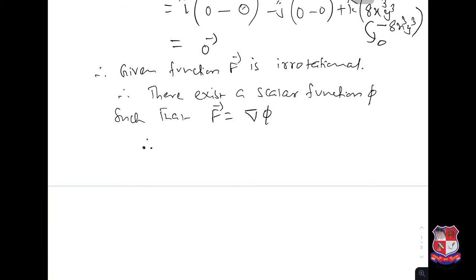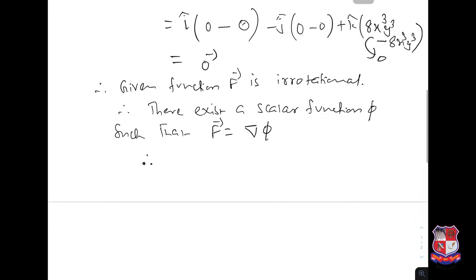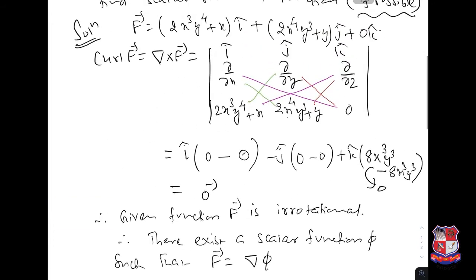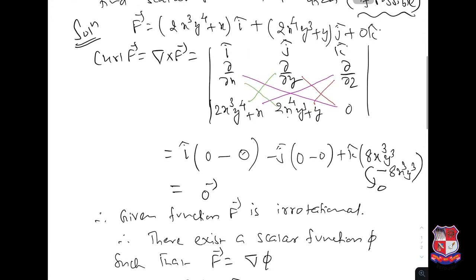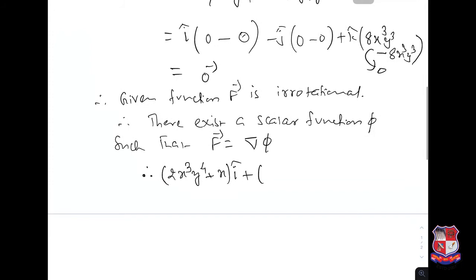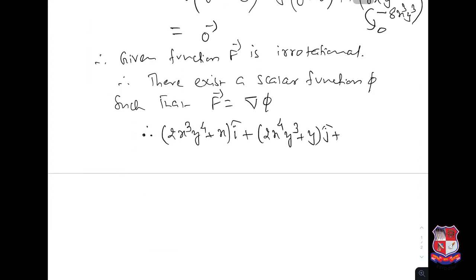Now what is f? f is (2x cube y power 4 plus x) i plus (2x power 4 y cube plus y) j plus 0k is equal to gradient of phi.